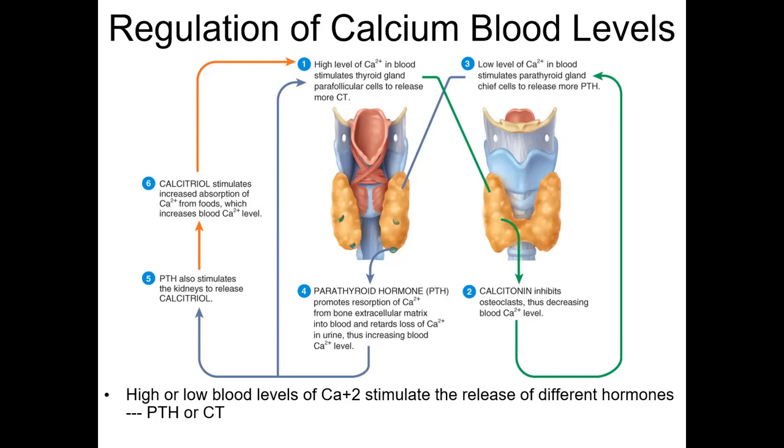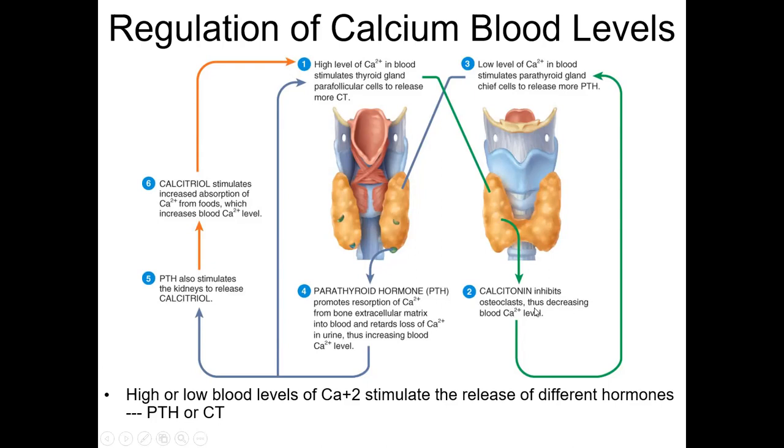Bone building will dominate in our bones, and the surplus calcium will be built into the bone and therefore decrease blood calcium level back to normal. This is a negative feedback because we reversed the original challenge, high level of calcium. Now we decreased the blood calcium levels.